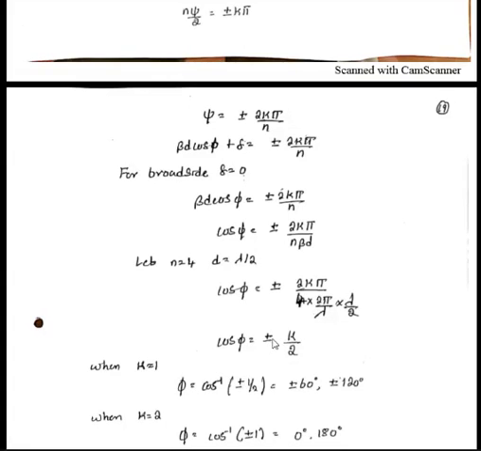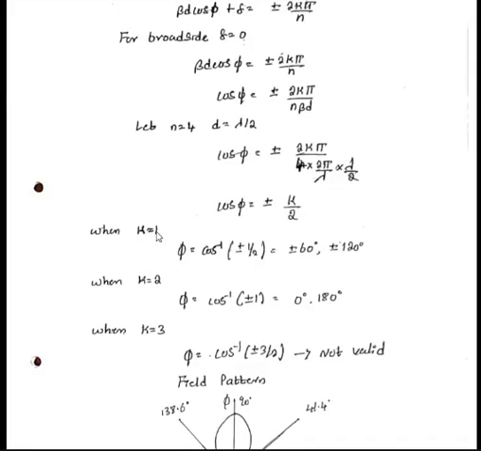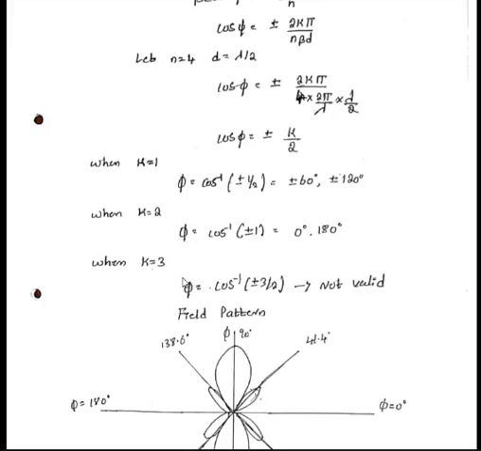If you substitute k is equal to 1, plus or minus 1 by 2, cos inverse gives plus or minus 60 or plus or minus 120. Again, k is equal to 2, plus or minus 1, you will get either 0 or 180 degree. For k is equal to 3, you have a value more than 1, which is again not valid.